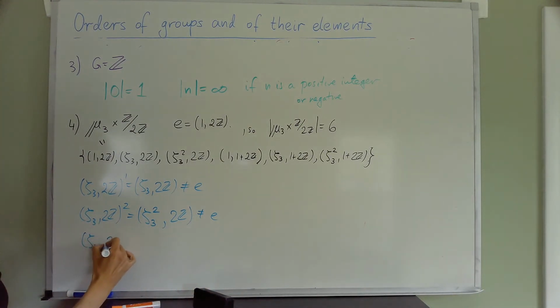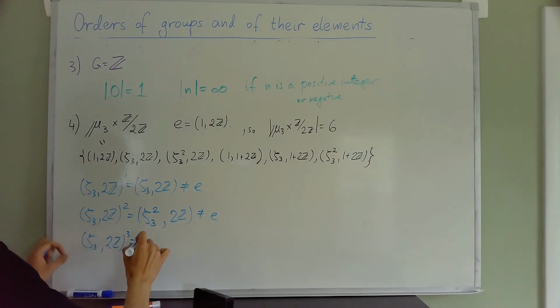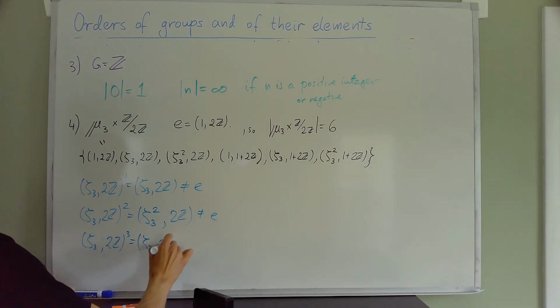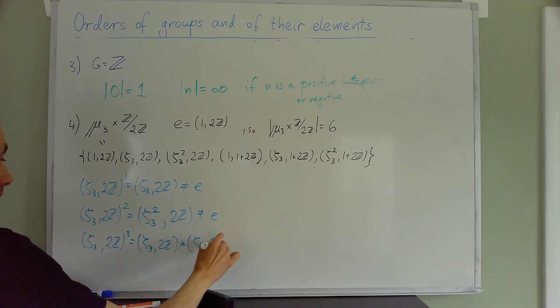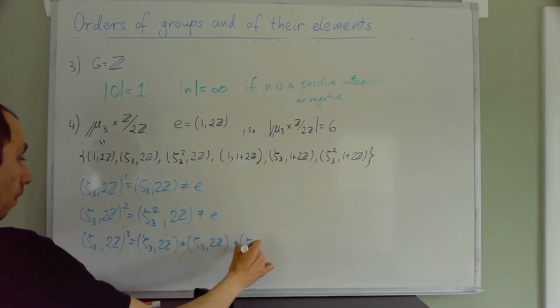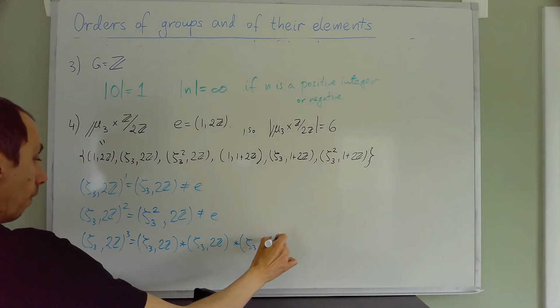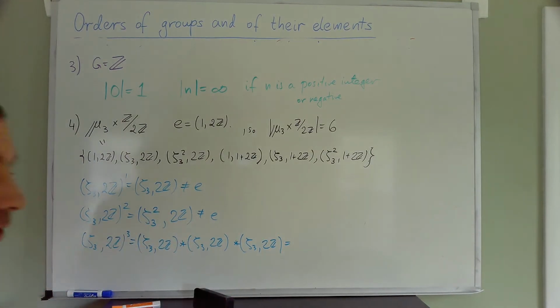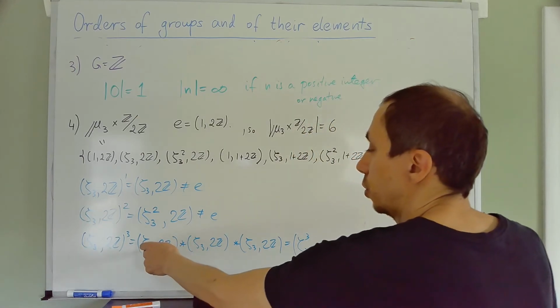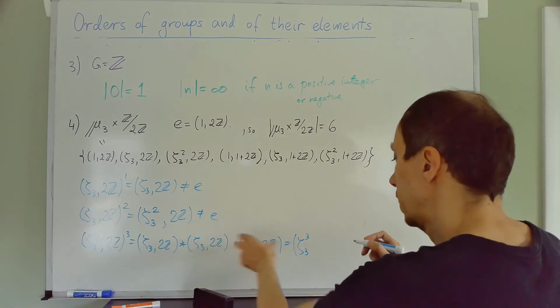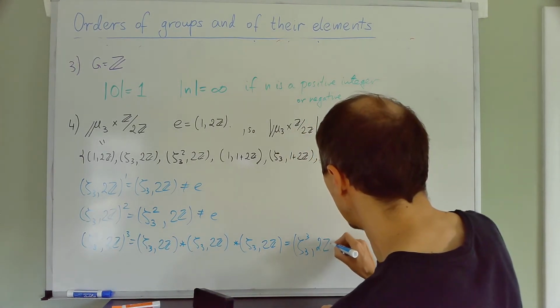This element with itself 3 times. You do it coordinate-wise, so you get zeta 3 cubed. Because on the first coordinate you use multiplication, on the second coordinate you use addition, so you get 2Z.